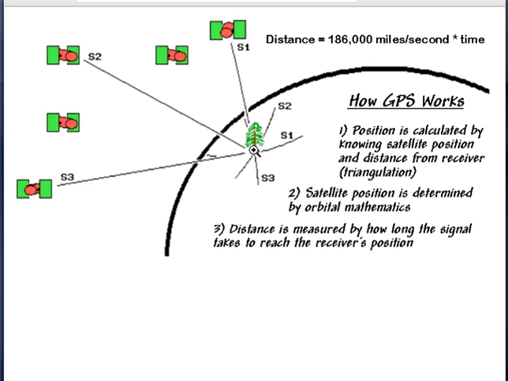And then the phone does the math to figure out that if one satellite's here and another satellite's here and another satellite's here, then you must be at such and such location on the Earth. Now, I don't want to go into great detail about the math related to GPS trigonometry right now, but I at least wanted to show you one additional application of trig besides the Eiffel Tower and the camera.